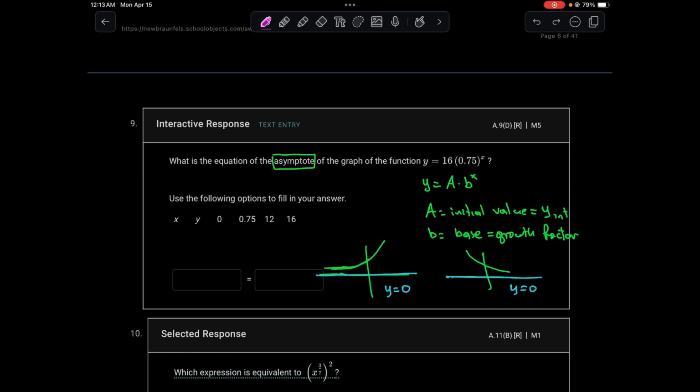And it looks like here there is no plus or minus anything. We expect that the asymptote is the ground.